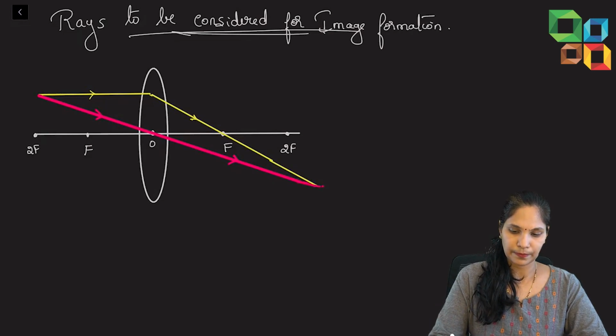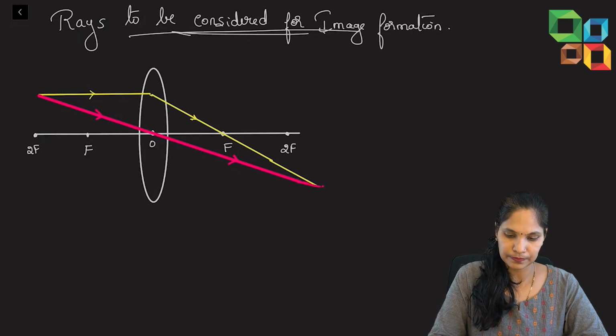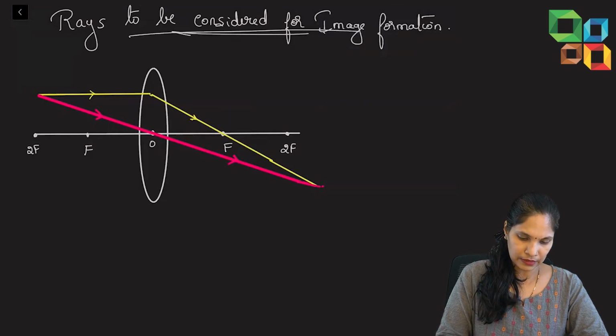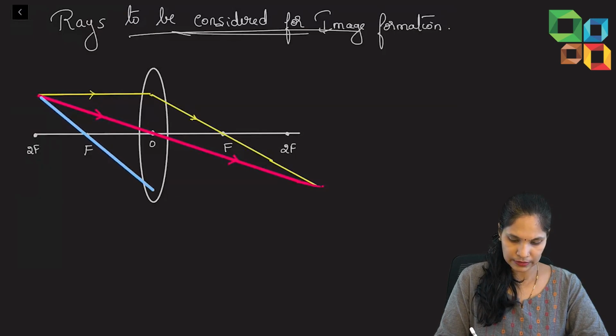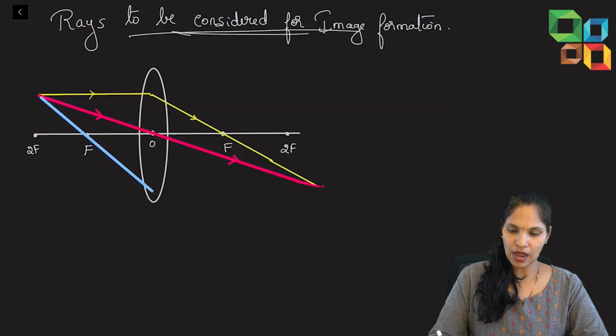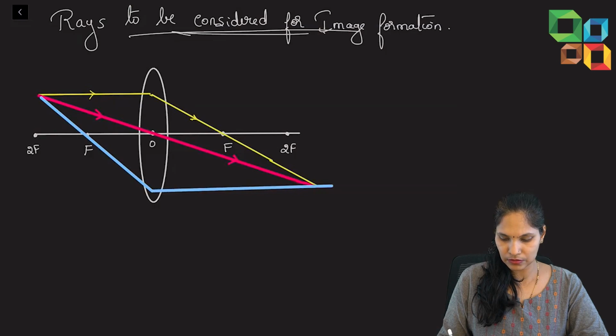The third one. The third ray, a ray which passes through the first focus like this, after refraction, will come out parallel like this to the principal axis.